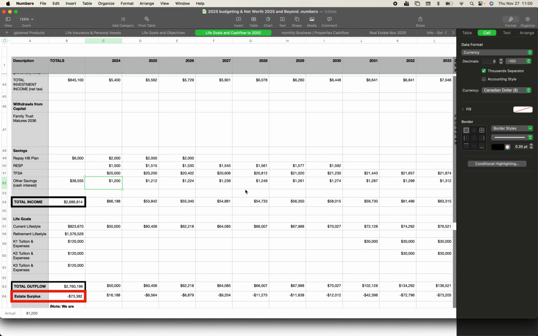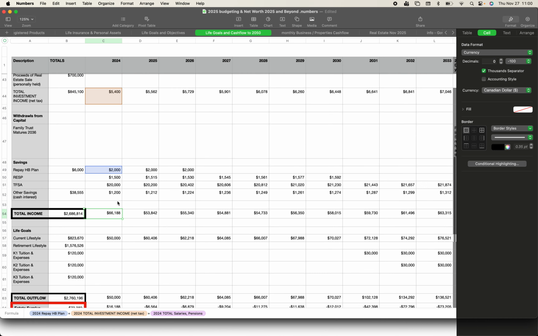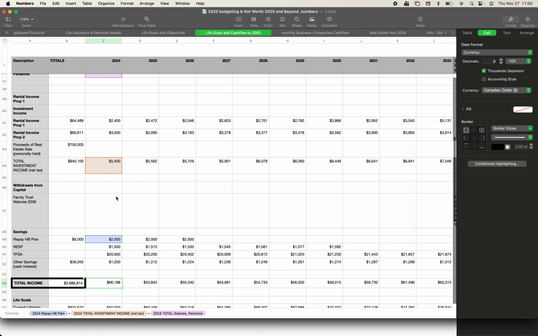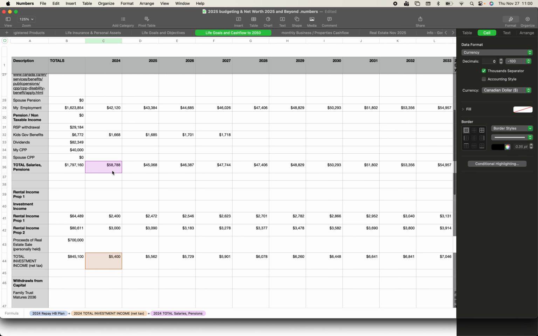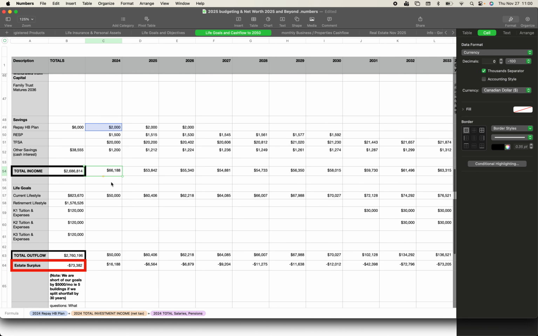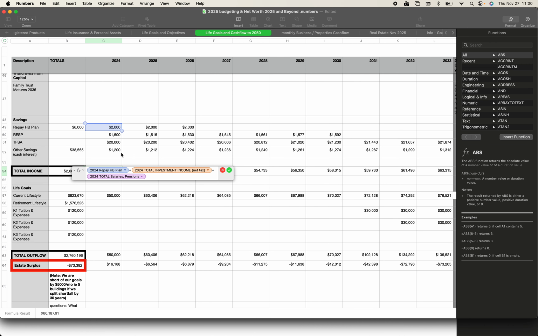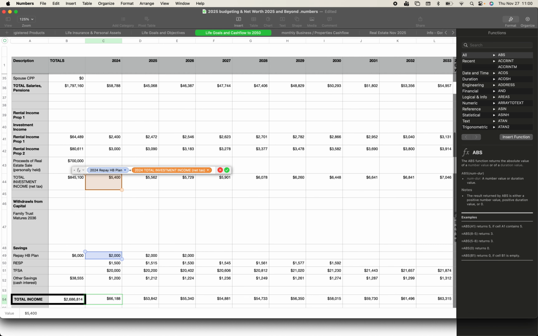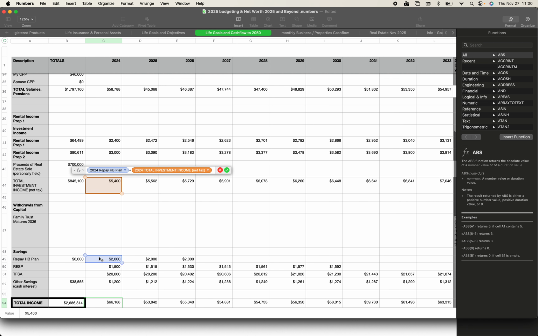Even in this spreadsheet, there's some errors. You just want to make sure that your total income is accurate. So this one should have investment income plus salaries and pensions, and really that's all. That's what they should all say. So we'll just get rid of that. This one should be that. Okay.